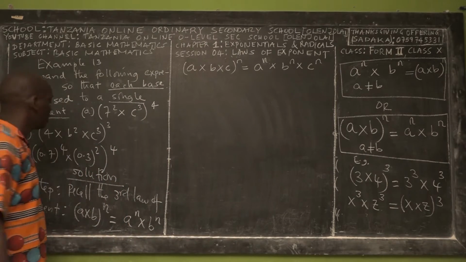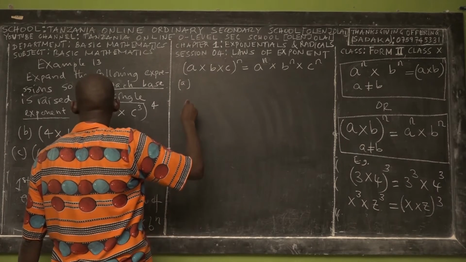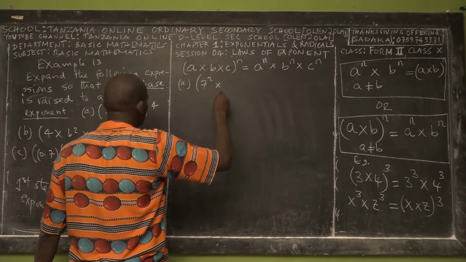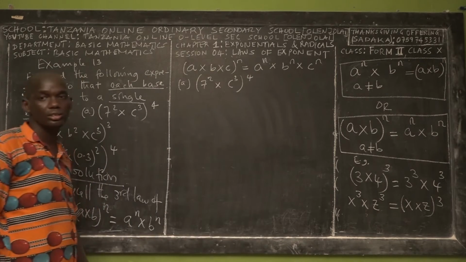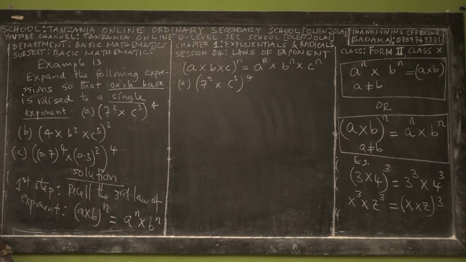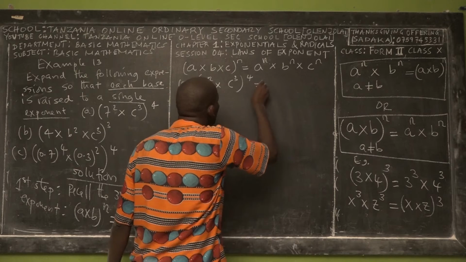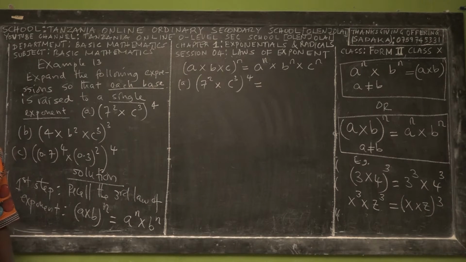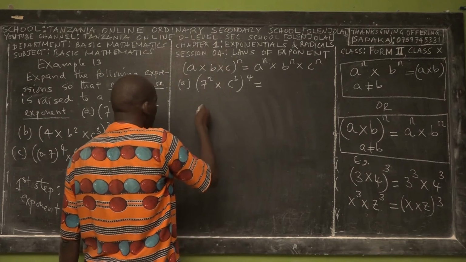Right? Yes. So if we go for Roman A, we have 7 power 2 times c power 3, all power 4. Listen carefully. Here we have to be careful because we are also going to refer to the second law of multiplication. How many exponents do you have there?